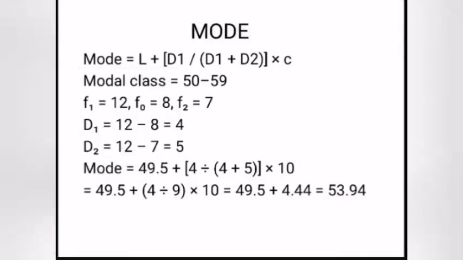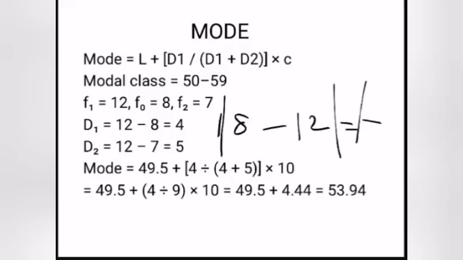So you have 8 minus 12. These straight lines we're putting in are to counter the minus sign. So when you do 8 minus 12, you have a minus 4 in this. So this modulus sign is going to make it 4.